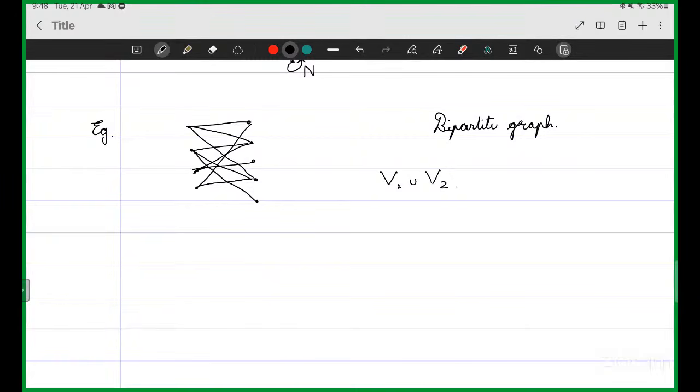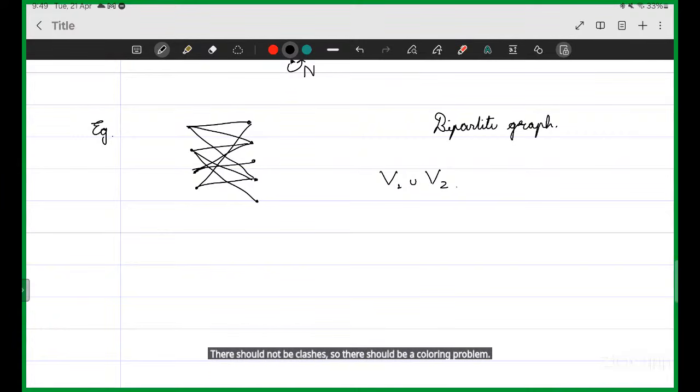Okay, sir. Similar to this problem, in the case of vertex coloring also, the third question is based on vertex coloring, right? There should not be clashes, so it is a coloring problem.